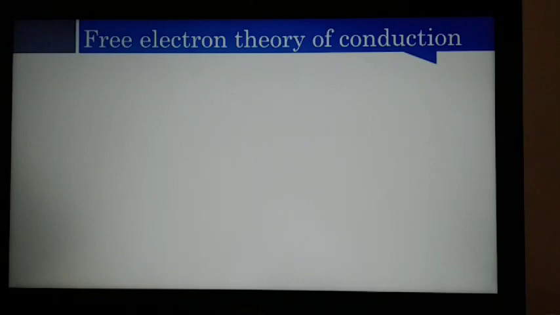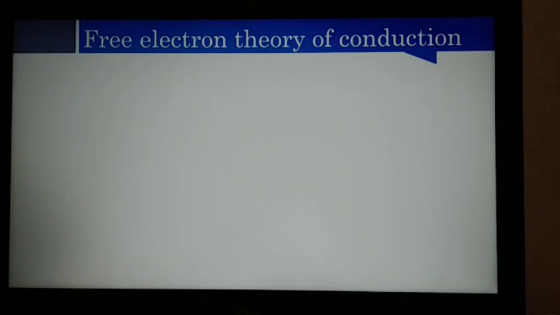In an insulator, all the electrons are bound to their nuclei, so it has no free electrons and can't support the current flow. That is why they are called insulators. How the free electrons support the current flow through a conductor, we are going to discuss.